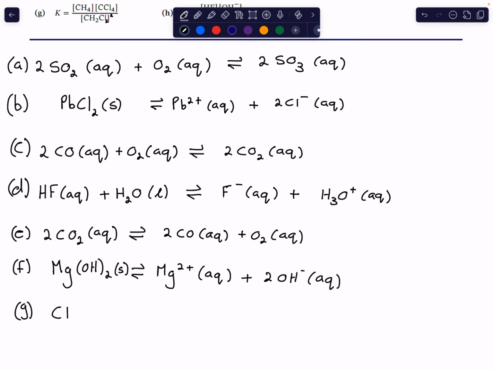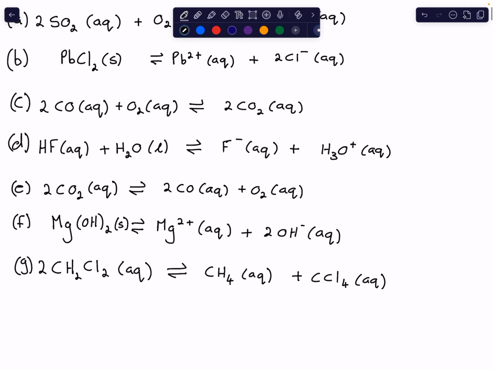So 2 CH2Cl2 in aqueous solution, and that's in equilibrium with CH4, which I'm not quite sure how you get into aqueous solution, but that's fine, plus carbon tetrachloride, also, let's say for now, aqueous solution.